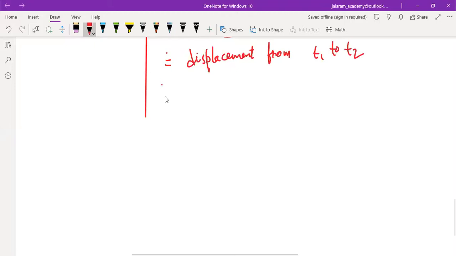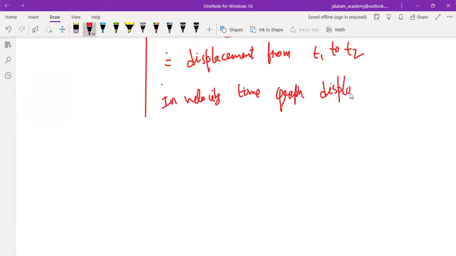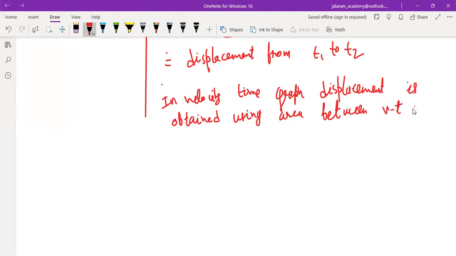So in velocity time graph, write in your notebook, in velocity time graph, displacement is obtained using area between VT graph and time axis.